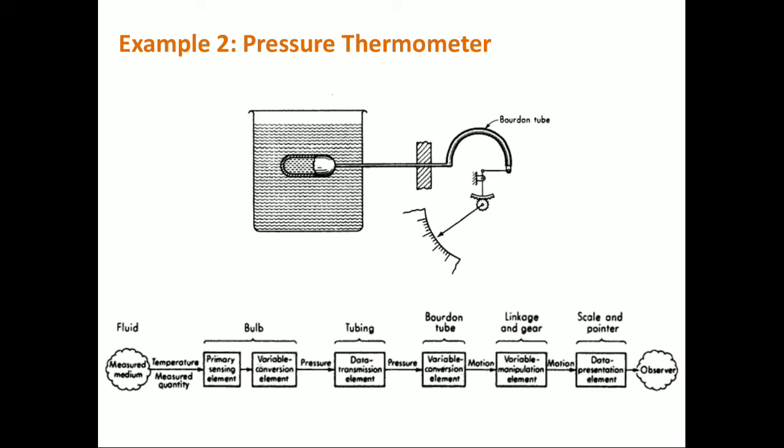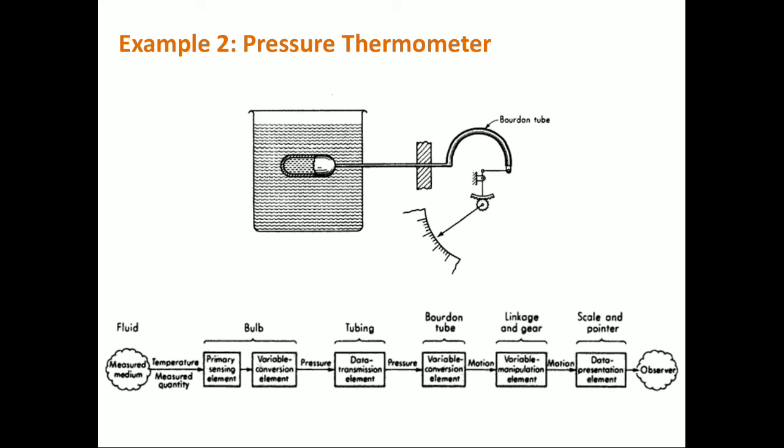It will transmit the signal from the measuring medium to the actual instrument. Then the variable conversion element is the Bourdon tube. By choosing the size or the radius of the Bourdon tube, you will be able to convert that measurement quantity to a suitable format.